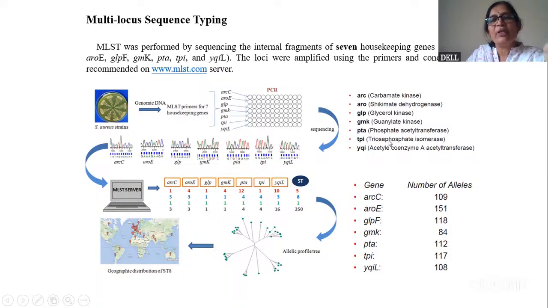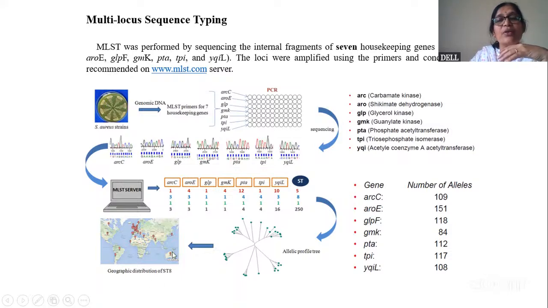Very simple: we isolated the genomic DNA and then did PCR for all these genes, sequenced it, and sent it to the MLST server, and MLST allocated the different sequence types based on the sequence information. At the same time, it also created the allelic profile and the geographic distribution of STs.